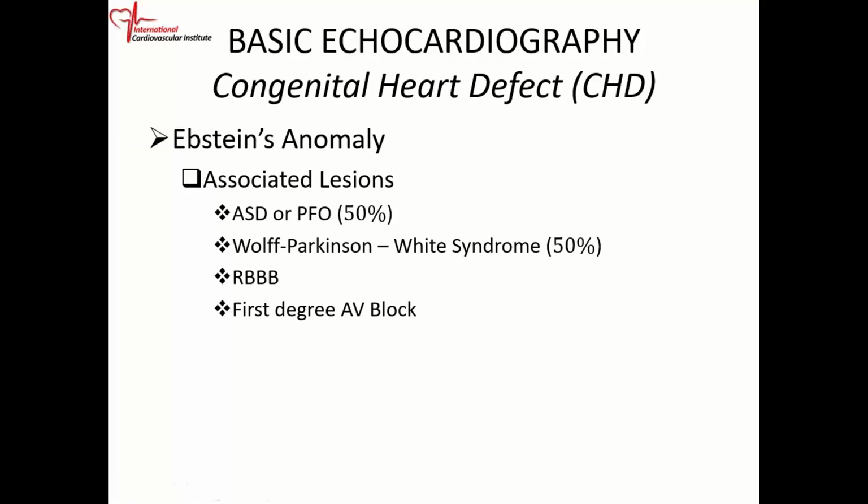And if you remember from your arrhythmia lectures, you have a bypass tract, which takes impulse from the atrium directly into the ventricle. Okay, so that's what we call Wolff-Parkinson-White syndrome. When you look at the ECG, these patients have a right bundle branch block and a first degree AV block. So these are some of the associated lesions.